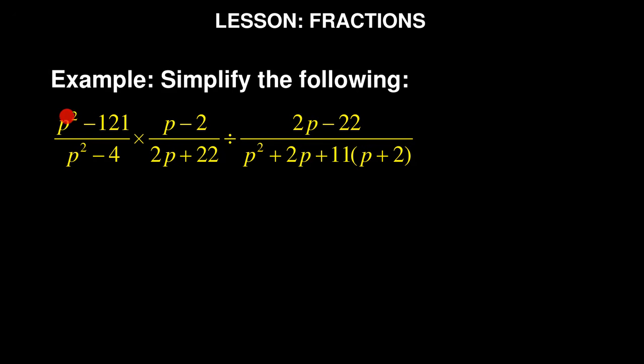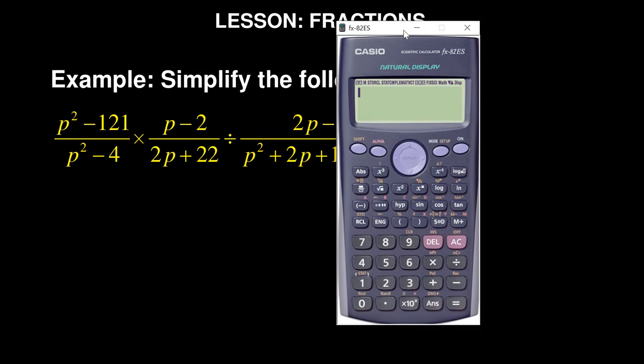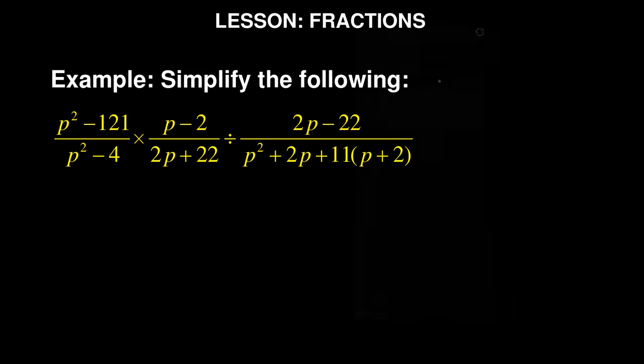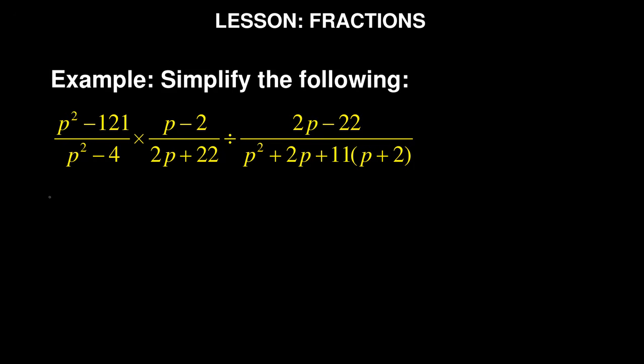Now let us start by looking at the first one. I'm given p squared minus 121, and if you know the factorizing, you can check with your calculator. If you say square root of 121, you can see that it is giving you 11, which means you can then say p squared minus 121 is the same as saying p squared minus 11 squared.